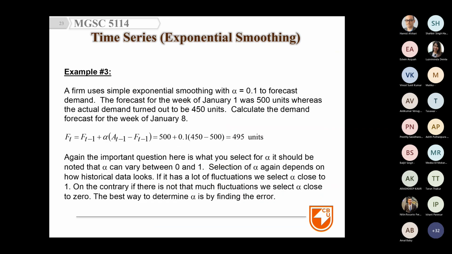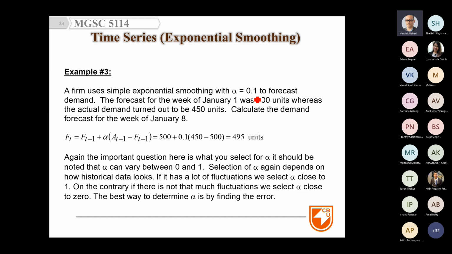Okay, one example, a firm uses simple exponential smoothing with alpha equal to 0.1. So when alpha is equal to 0.1, is the weight put on the actual data or the forecast data? I mean, which one has the highest weight?